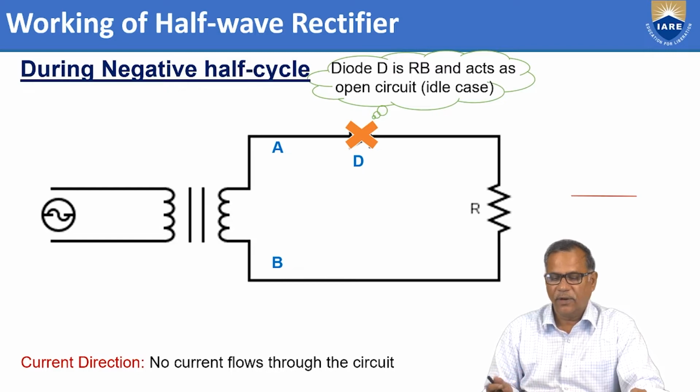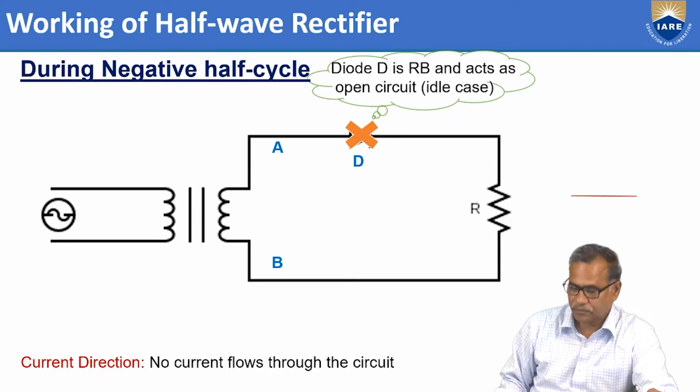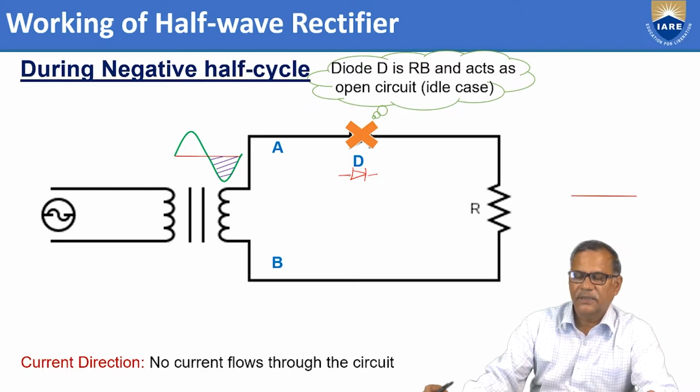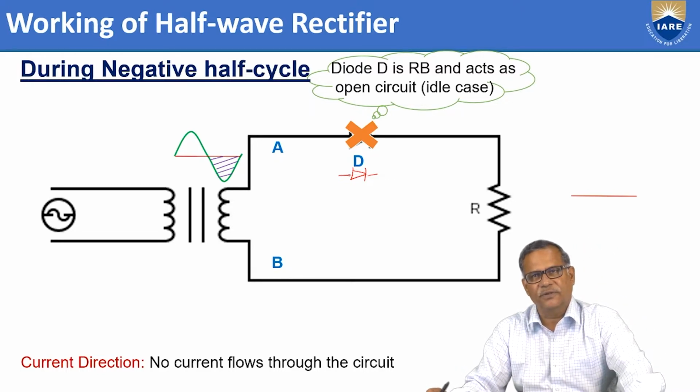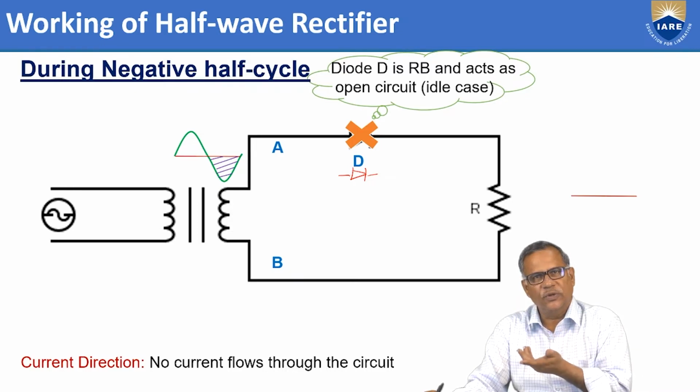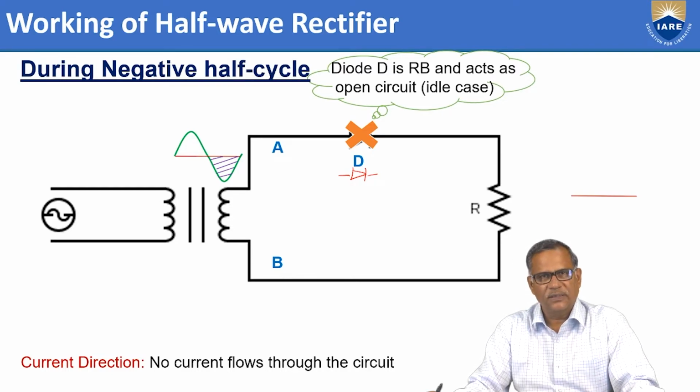Now during the negative half cycle, when the voltage is negative, the diode is replaced with an open circuit. When you apply negative voltage to the anode and positive voltage to the cathode, the diode is reverse biased and it does not allow passage of current.